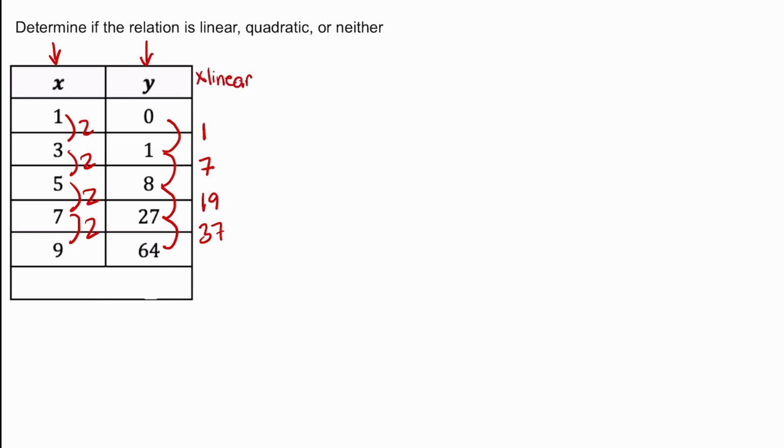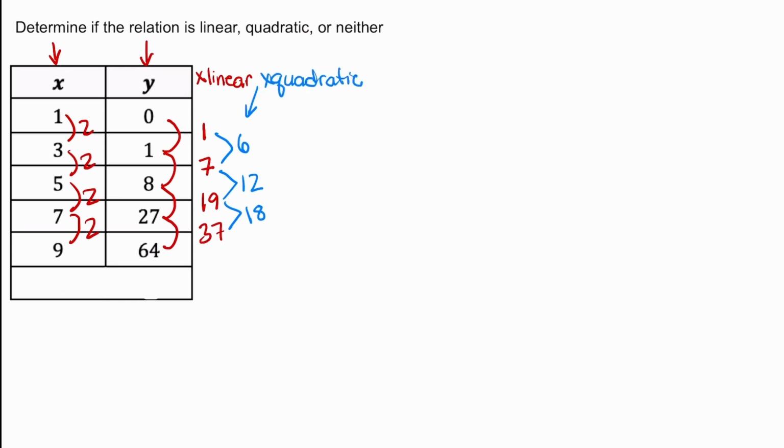Then we're going to take the differences of all of these first differences and see if they're equal. So 7 minus 1 is 6. 19 minus 7 is 12. And 37 minus 19 is 18. So we see that these are not the same values, so it's not quadratic.